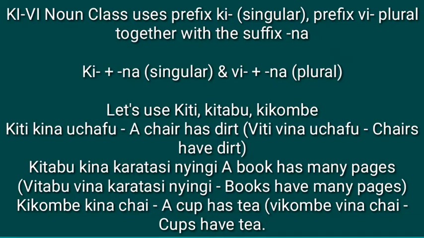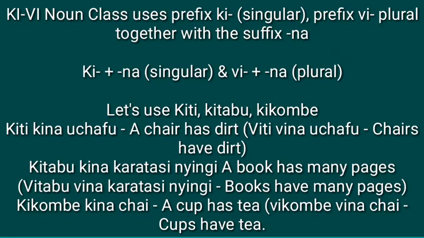The KI-VI noun class uses the prefix ki for singular and vi for plural, together with the suffix na, which is used by all the noun classes. So ki plus na is kina for singular, and vi plus na is vina for plural.